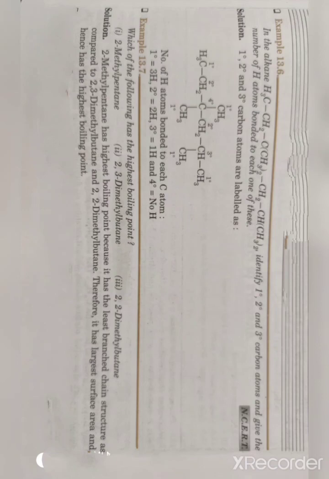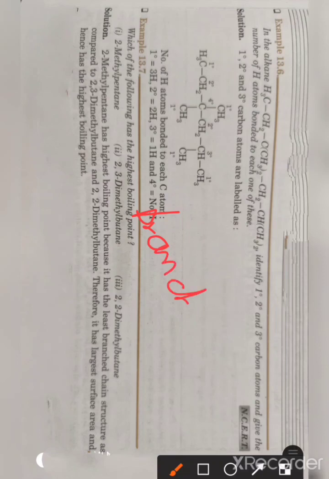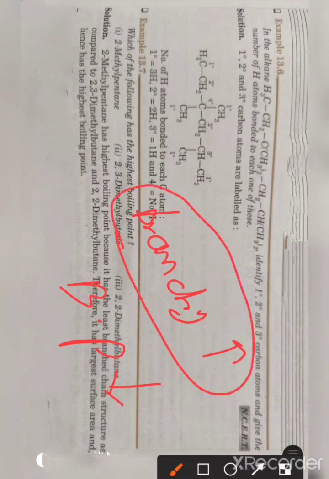So if the branching increases, what happens? Boiling point decreases. If they have the same number of carbons and hydrogens, that means if they are isomers, just check the branching. The greater the branching, the lesser will be the boiling point.